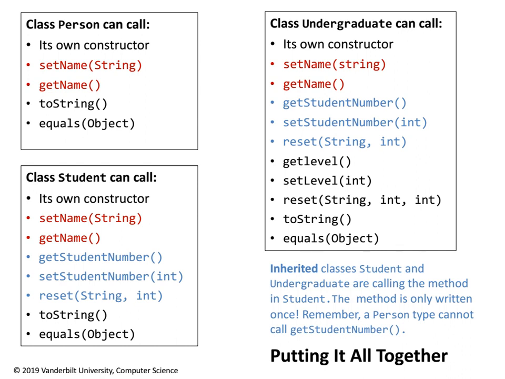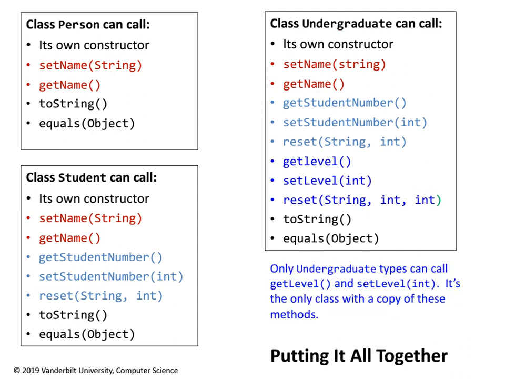So even if an object of type undergraduate is stored in a reference variable of type person, you will not be able to call any of the methods which are defined in the student or undergraduate classes. Finally, in our last step of multi-level inheritance, we have added getLevel, setLevel, and an overloaded reset method. So only the undergraduate type can call these methods. Student can't and person can't.